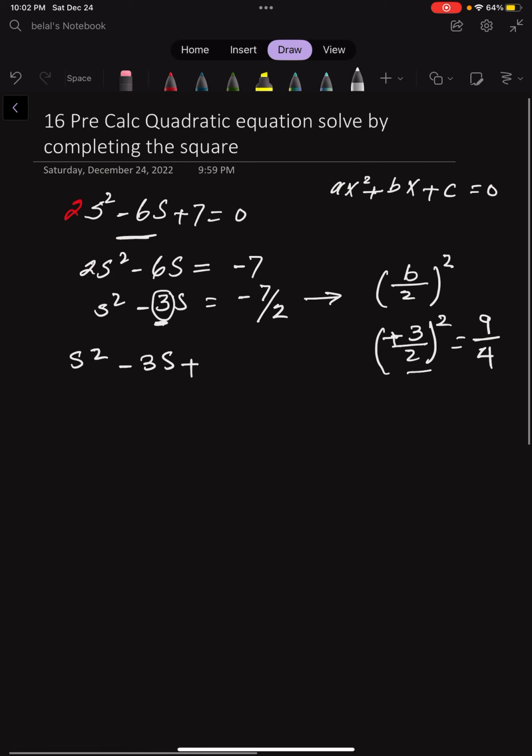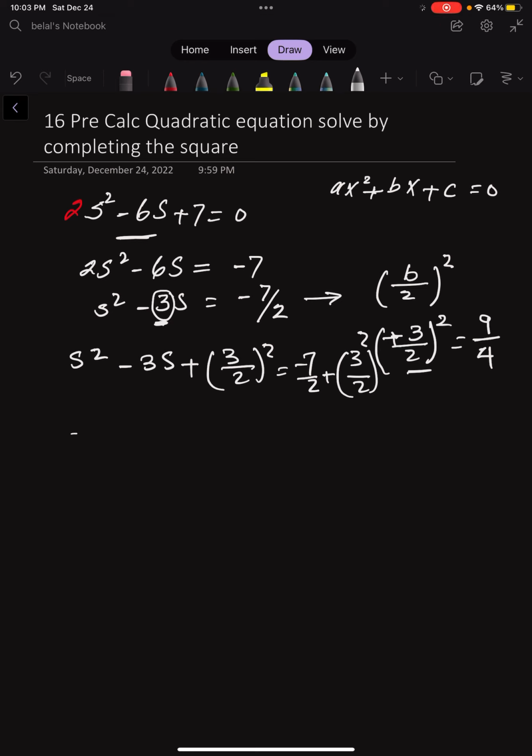We can leave it like this: 3 over 2 squared, equal to minus 7 over 2 plus 3 over 2 squared. All right, so it will be s squared minus 3s plus 3 over 2 squared equal to minus 7 over 2 plus 3 over 2 squared. All right, so that's the form.